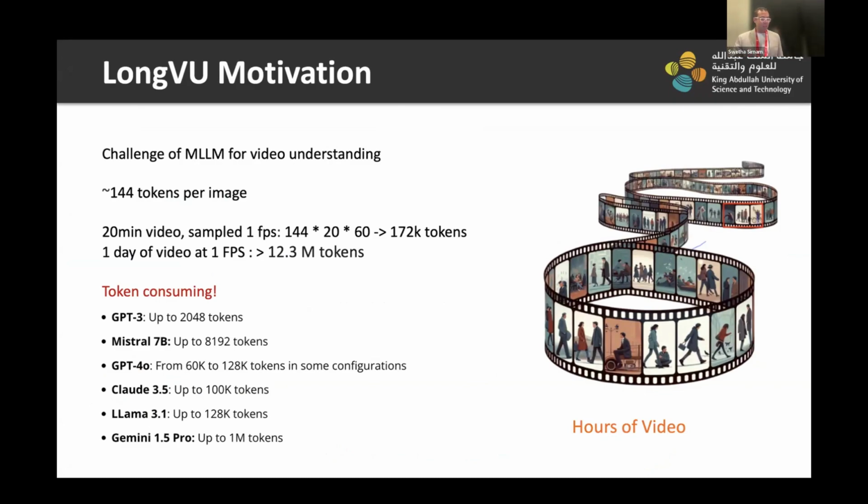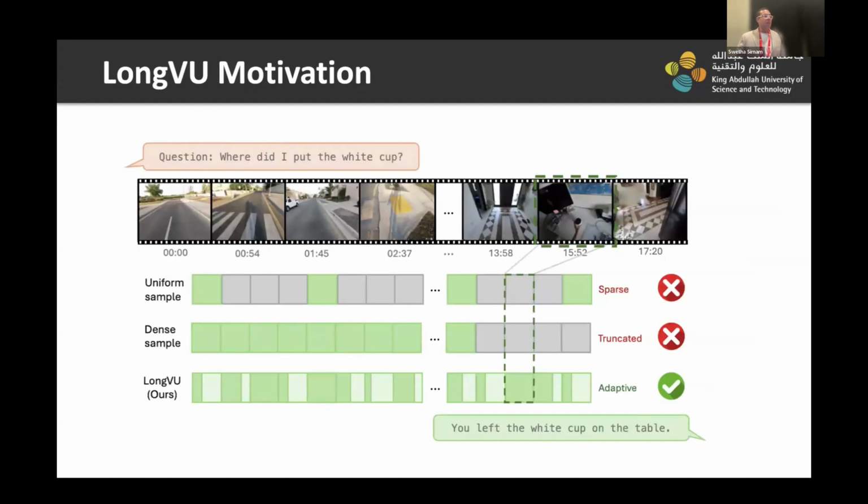And if you think about 1 day of video, this is more than 12 million tokens. If you imagine you want to process something like Netflix or Prime Video, this is not manageable. So we want some mechanism that can compress information more efficiently.